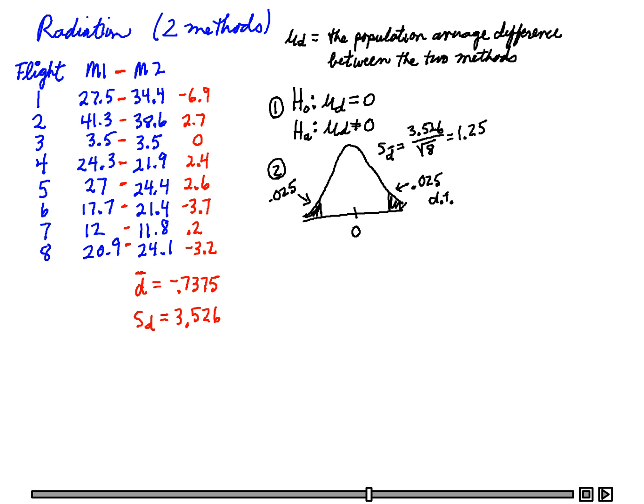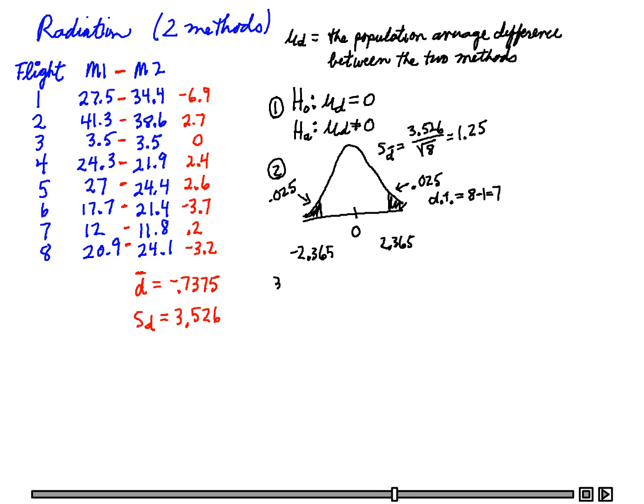And that, since we're now working with just one population of differences, is going to be the sample size subtract 1, which is 7. So, going to the t-table under the 0.05 column and 7, I get my t critical value, 2.365, 2.365 on the upper end.